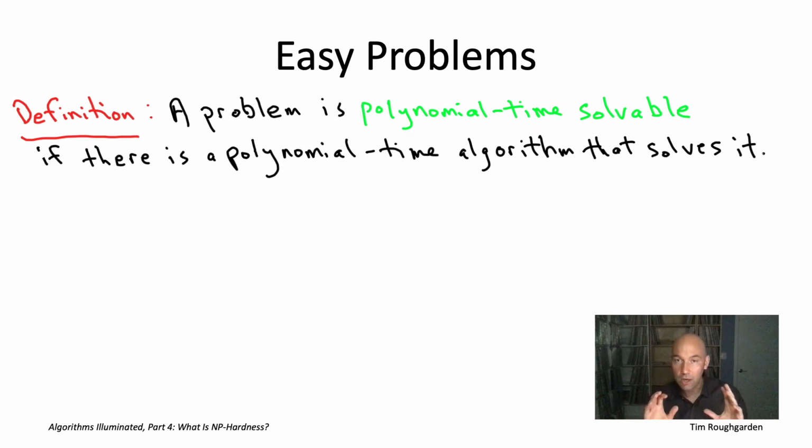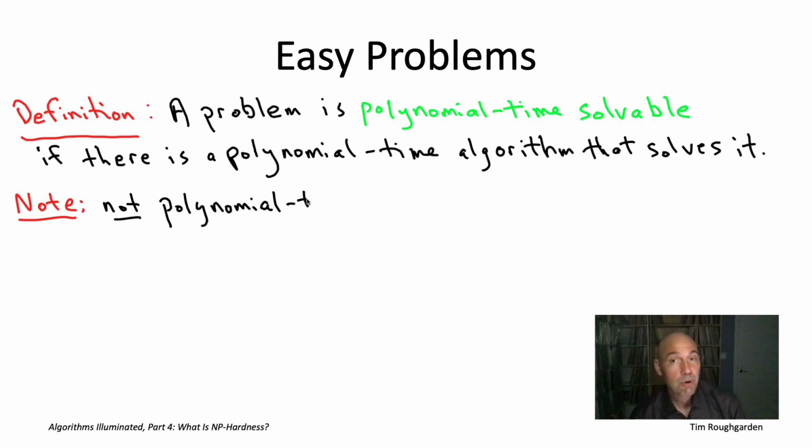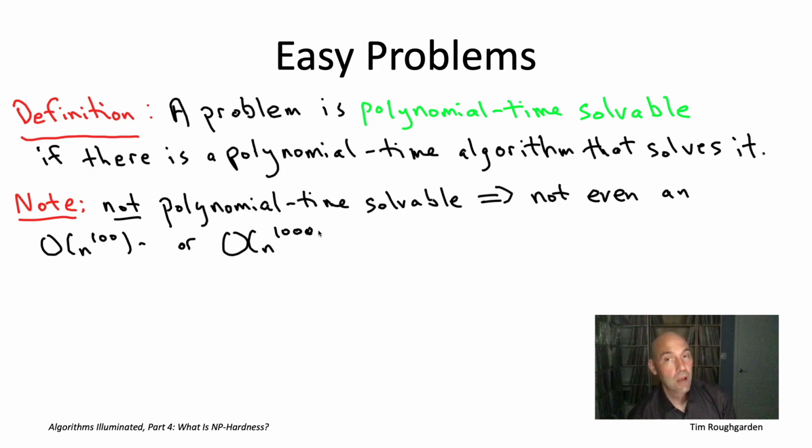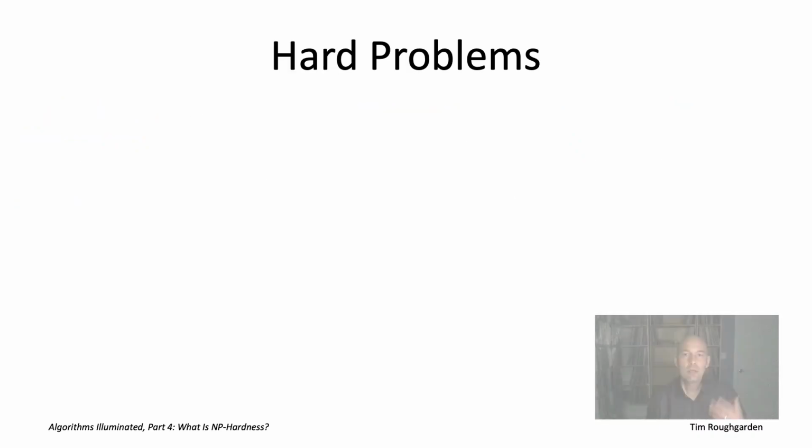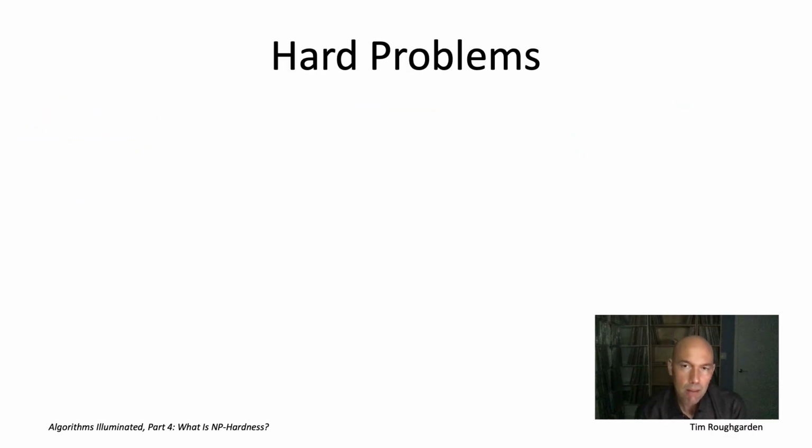There is not even an O of n to the 10,000 time algorithm that solves it. So that's a pretty crazy statement. If you can say that a problem is not polynomial time solvable, that's really saying in a strong way you cannot have any algorithm which is always guaranteed to be fast and always guaranteed to be correct for that problem. So that's the definition of an easy problem, a problem that's solved by some polynomial time algorithm.